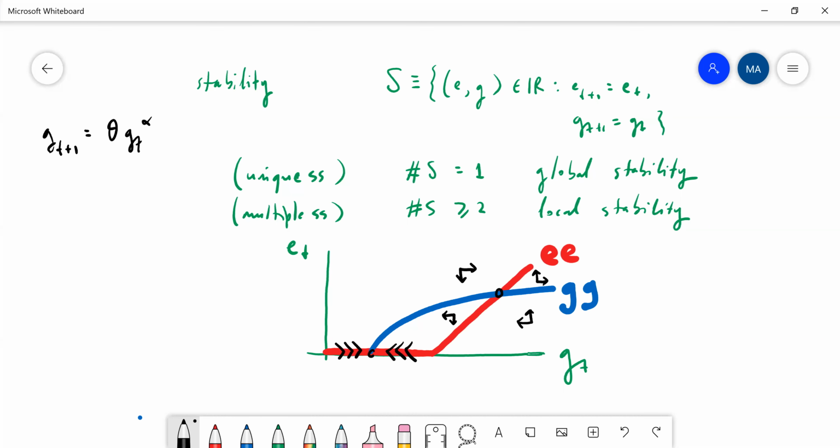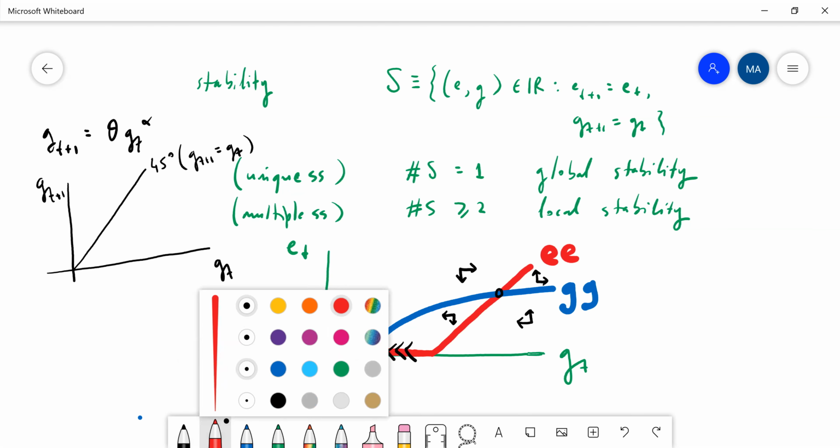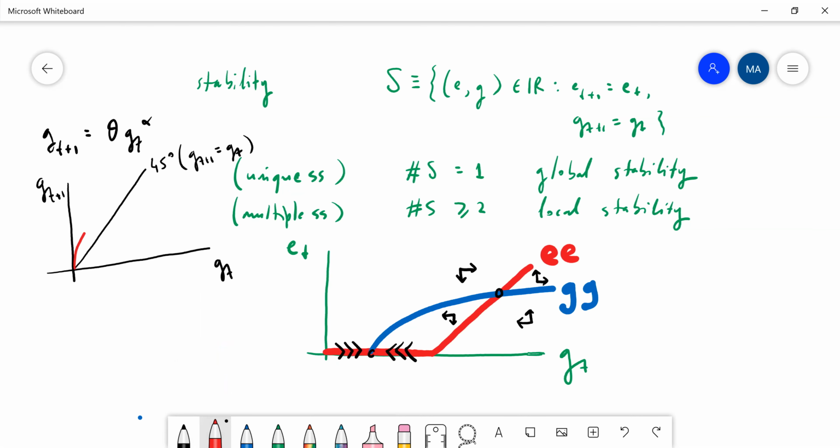What I know is that it will be stable because this is my 45-degree line, G(t+1) equals G(t), and this is my theta G(t) to the alpha.